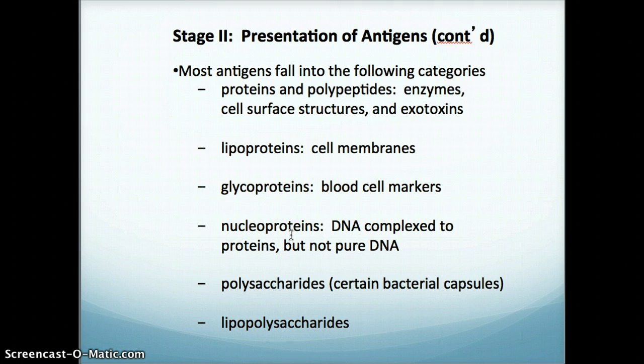Nucleoproteins, these would be DNA that are complexed with proteins. Pure DNA would not be recognized as foreign, as DNA is universally the same from organism to organism. Polysaccharides and certain bacterial capsules would be made up of this. And then lipopolysaccharides are other ones that would fall into this category.